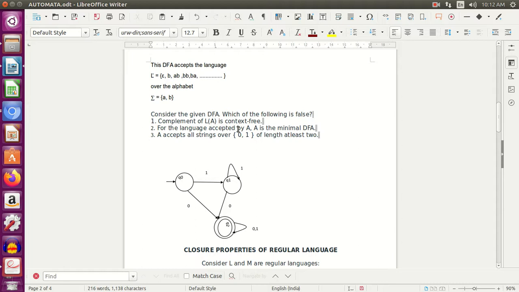It should be a regular language. Whenever we are able to construct a DFA for a language, that language needs to be regular. It need not be a context free language. Since we can easily complement it by swapping the final and non-final states, the language we get will also be a regular language.